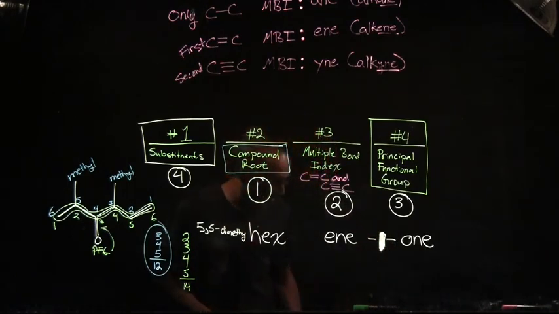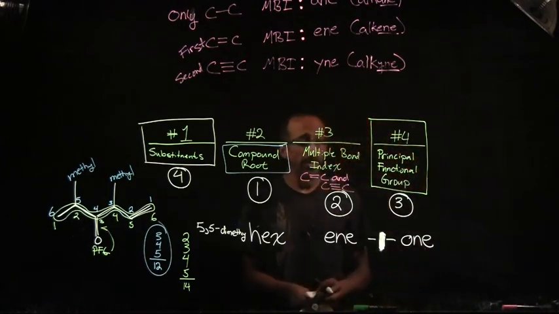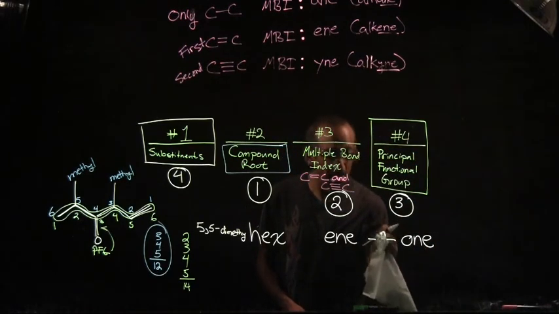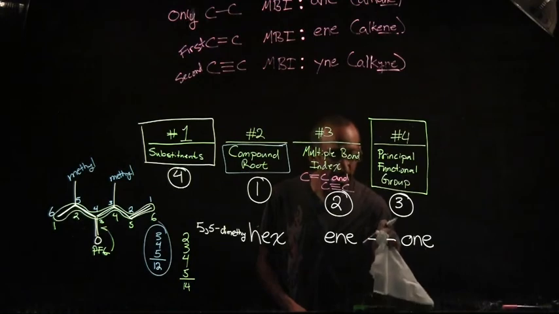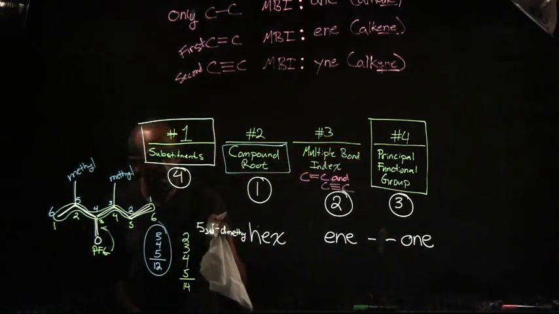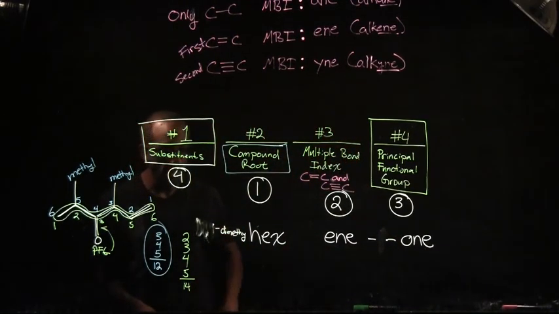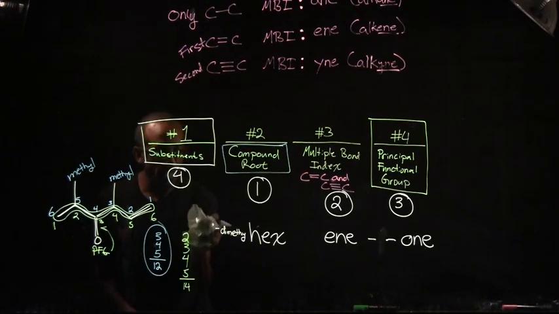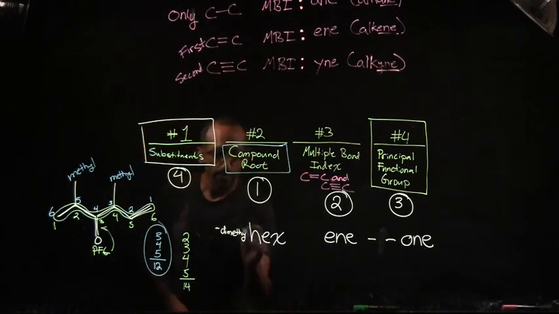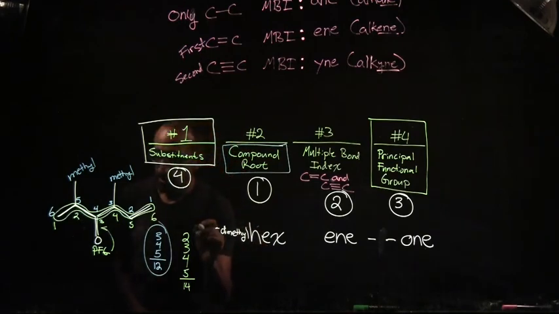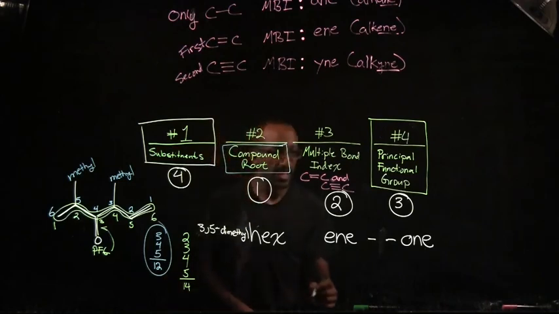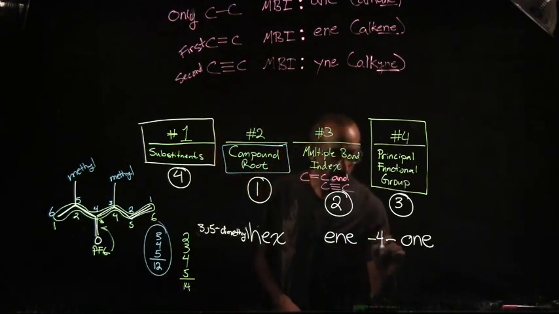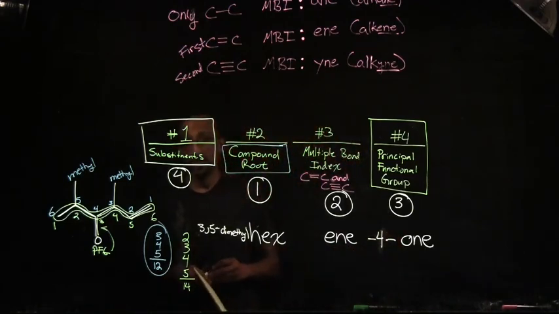Wow, I just really messed that one up. See, folks, no matter how long you've been doing this, you still make mistakes. Excuse me, that was not 5,5-dimethyl. It should be 3,5-dimethyl hexene 4-one.